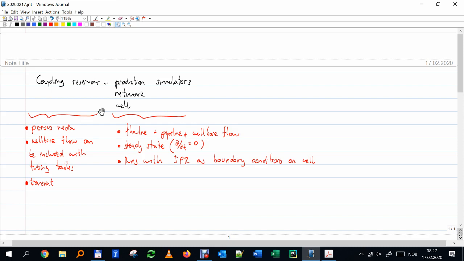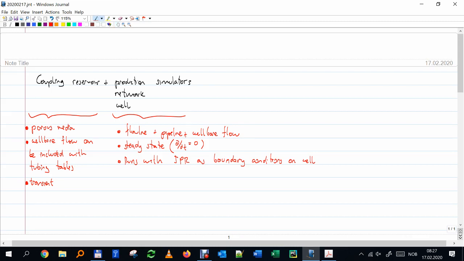Companies see that it's not enough to take the reservoir part alone, with or without tubing tables or with a minimum flowing bottom hole pressure. I actually need to have this part to see how much it impacts my production profiles. It's becoming more and more accepted that I have to have this coupling between the two.